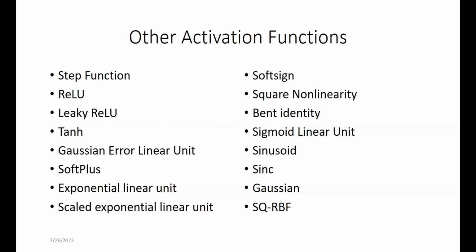These are a few further examples of activation functions. They are used in specific situations depending on what kind of data you have, what kind of objective you have, and what kind of classification you want to execute.